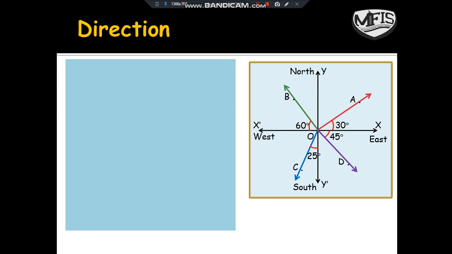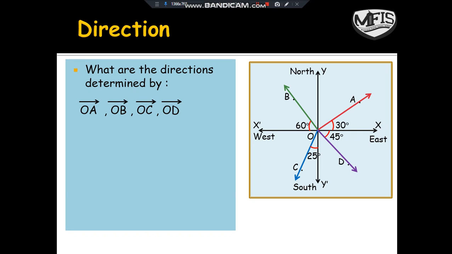In this example, what are the directions determined by OA, OB, OC, OD? So we say OA is 30 north of the east.